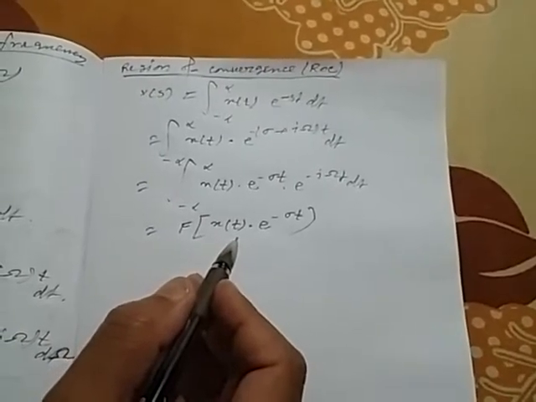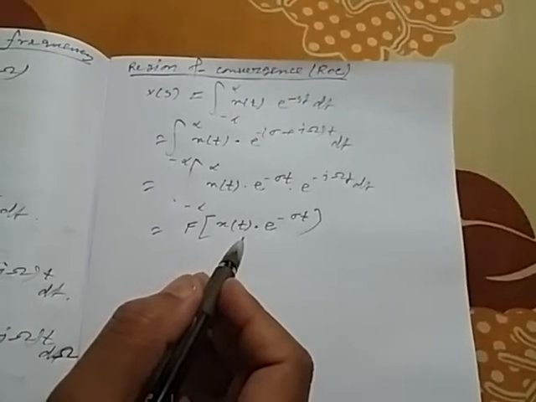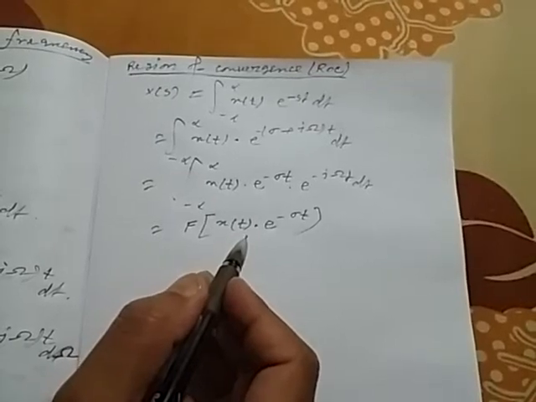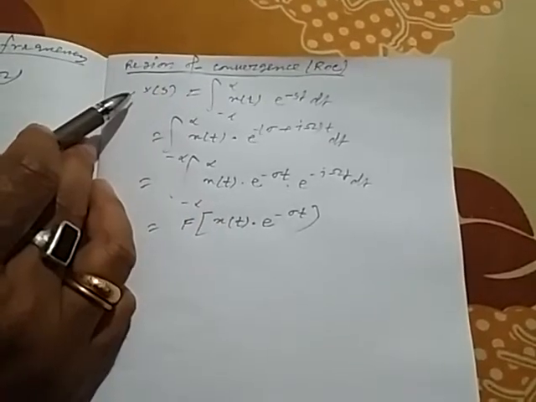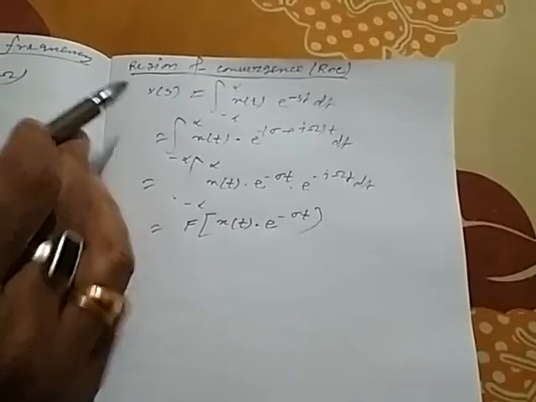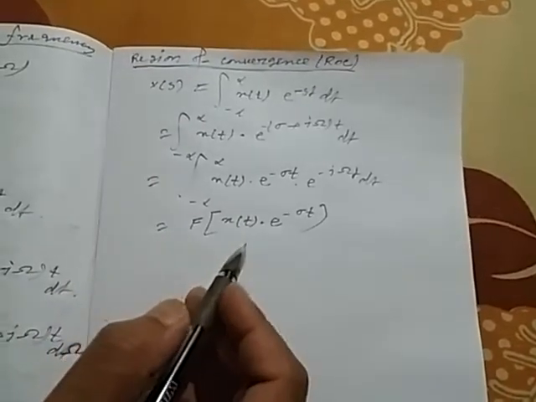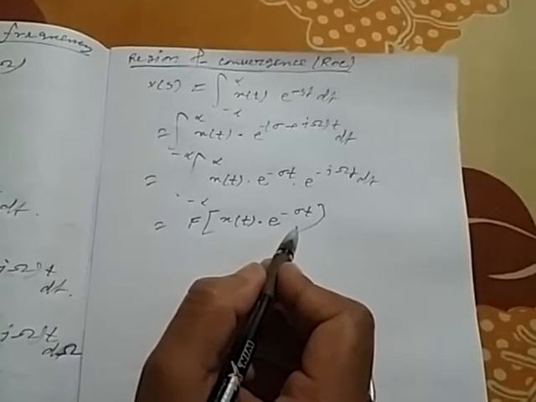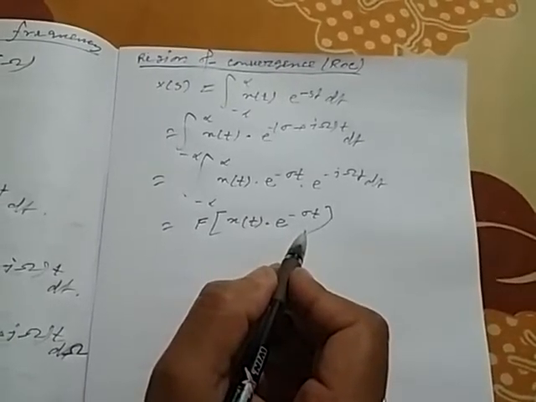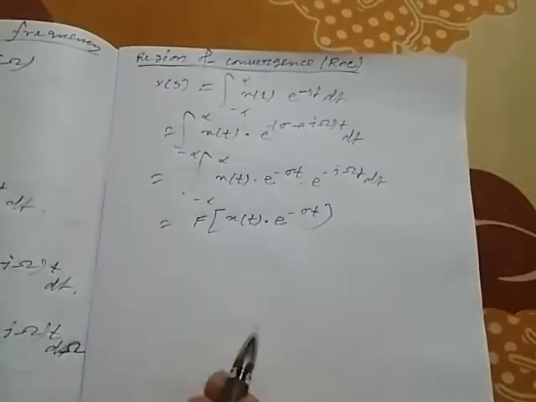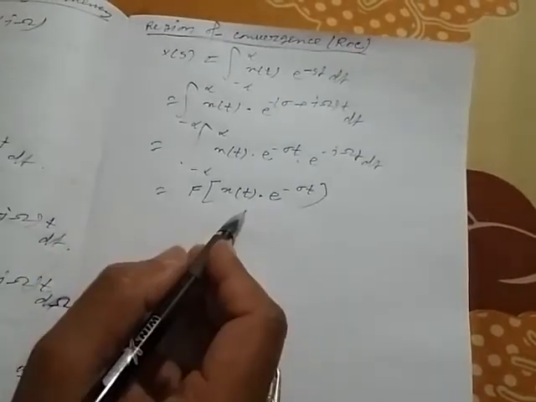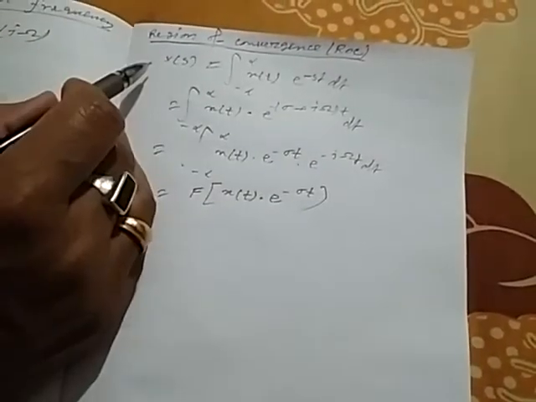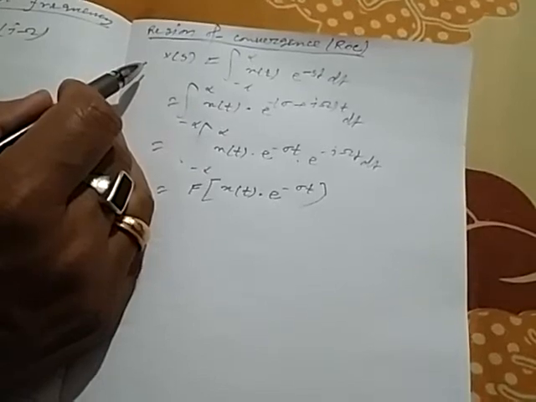Now from Dirichlet's condition, we can say that X(s) exists, or this Fourier transformation exists, if this function x(t) into e to the power minus sigma t is absolutely integrable. So if it is absolutely integrable, then X(s) has the existence.